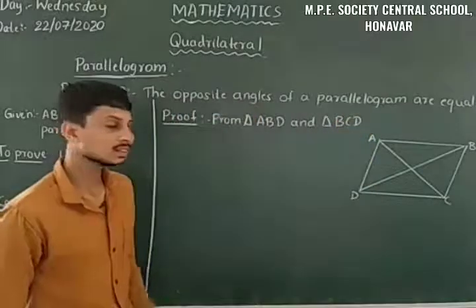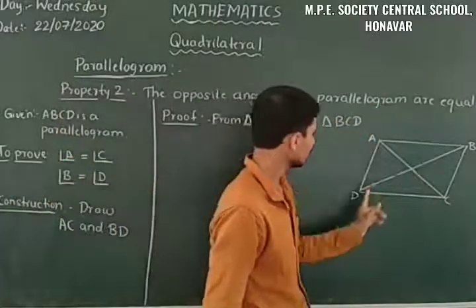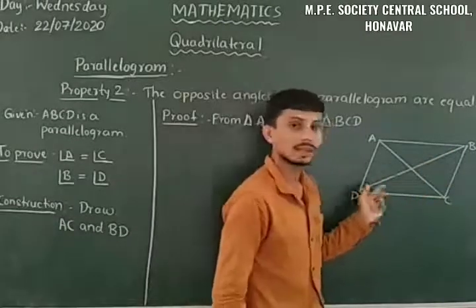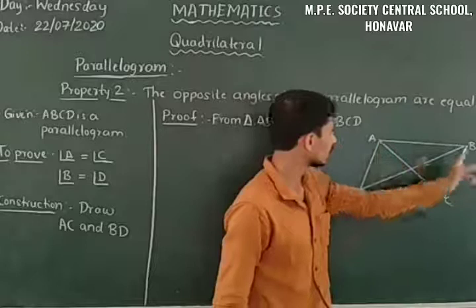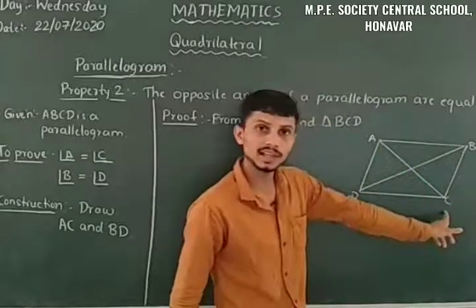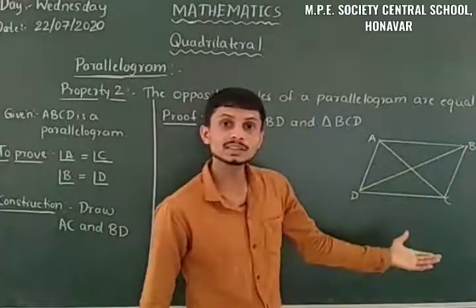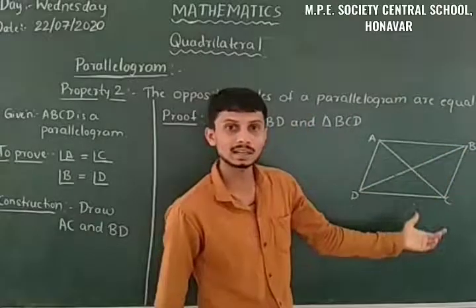So just observe here angle ABD and angle BCD. Here we are considering AB and CD as parallel lines and BD as a transversal, so we take the alternate angles, which are equal.